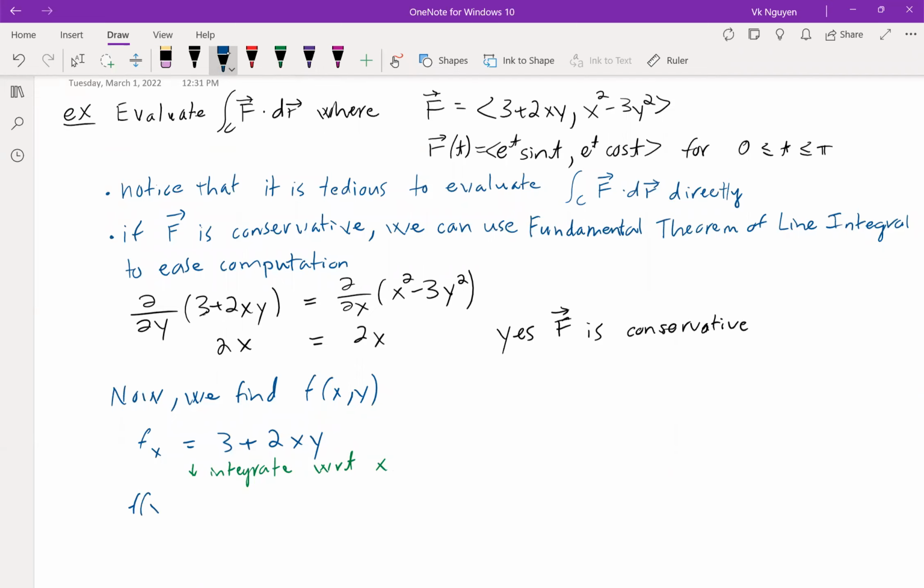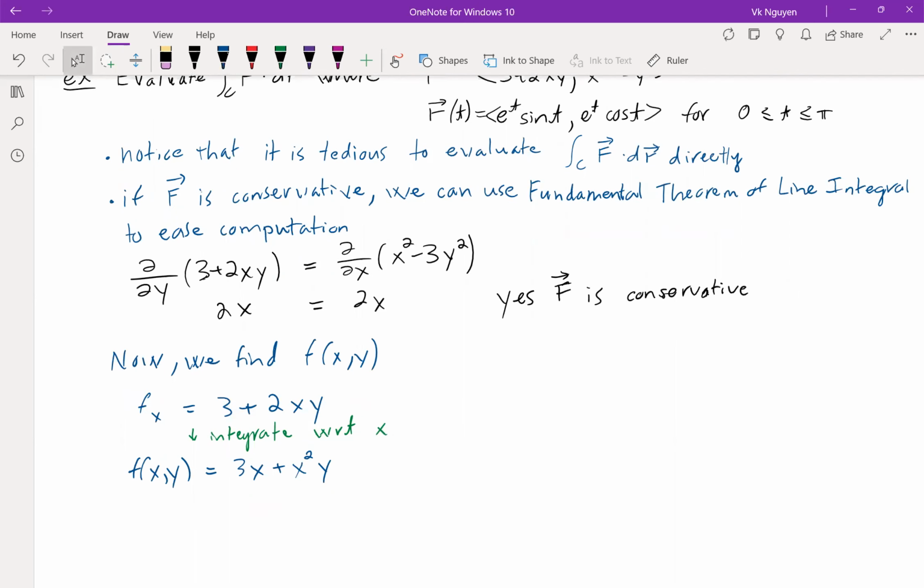Do that, we have f of x, y: 3x plus x squared y. And then also don't forget that constant c, right? Constant c is a function in terms of y. If you forget a constant c, it's not good.